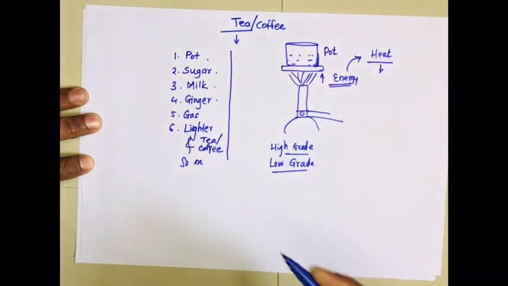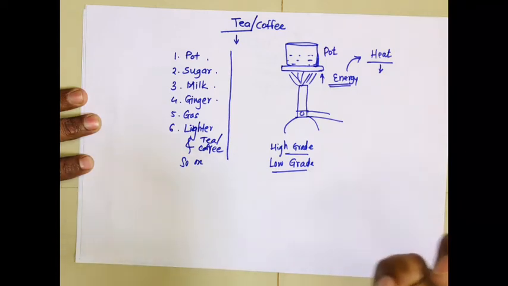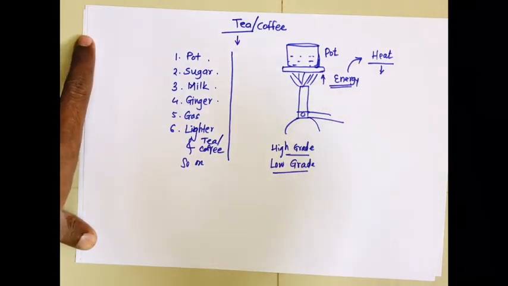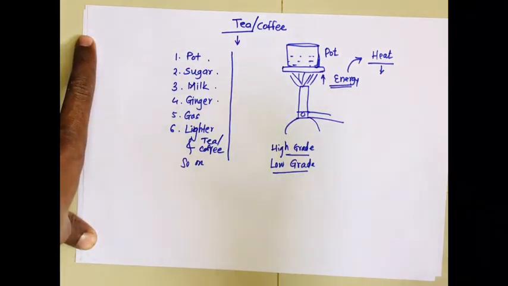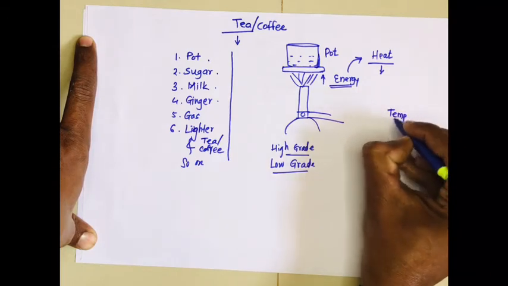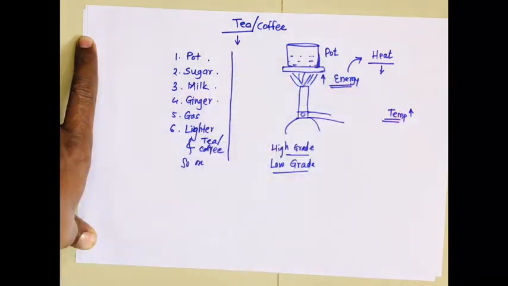In order to prepare a cup of tea or coffee, we have to use the gas or lighter, or we can call it a burner or stove. Lots of names are there. With the help of those devices, we are going to supply some form of energy which will increase the temperature of the ingredients kept inside this pot.